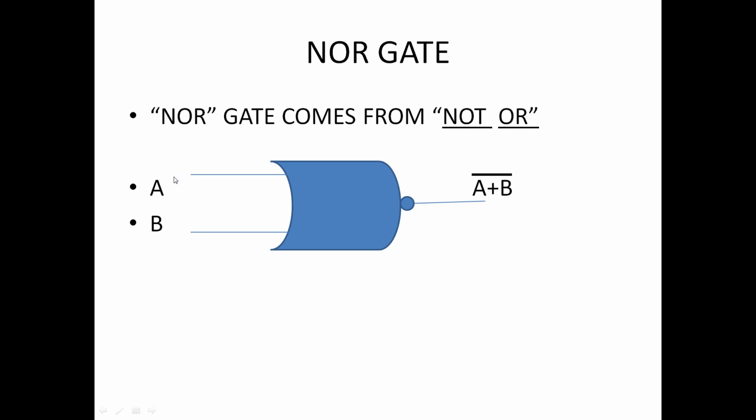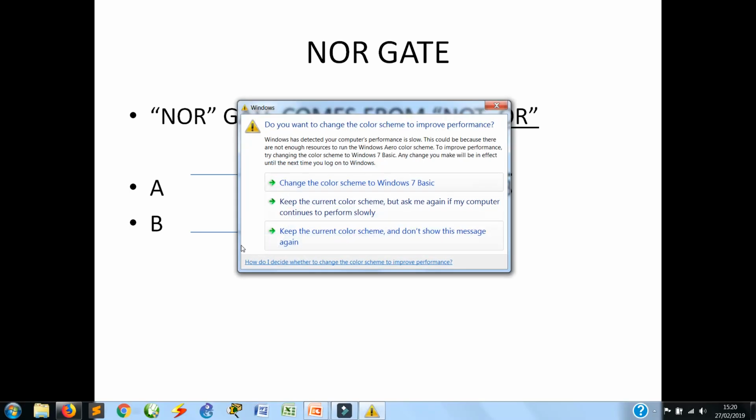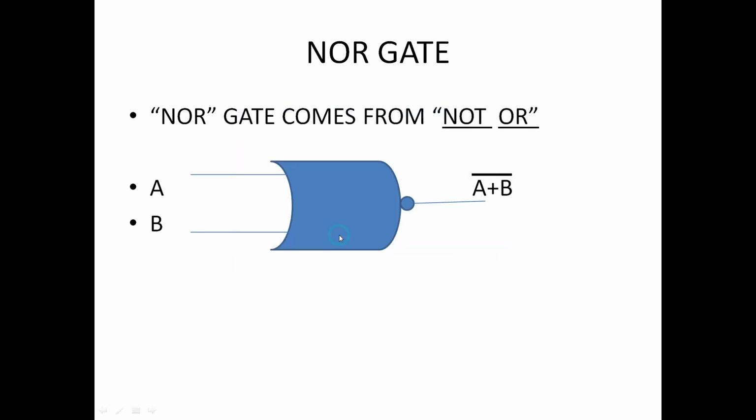So if we have, say for instance, 2 inputs, A and B, into this OR gate, meaning A or B, the output coming out of the NOR gate will be a negation, a bar, over the A or B.